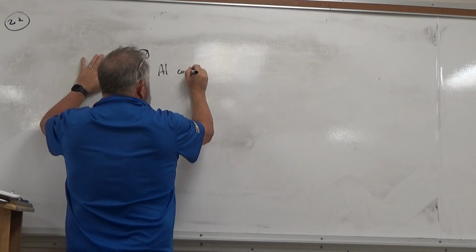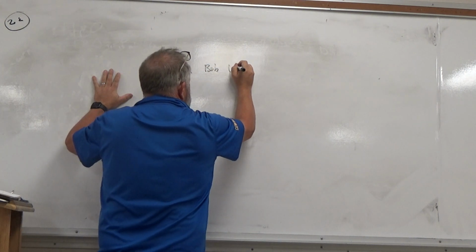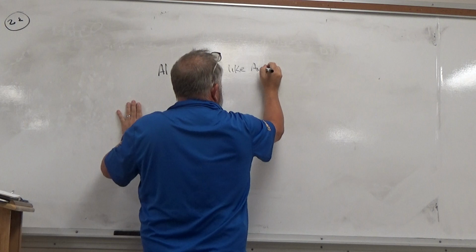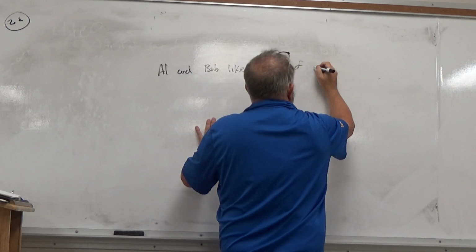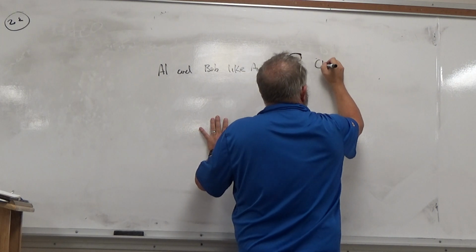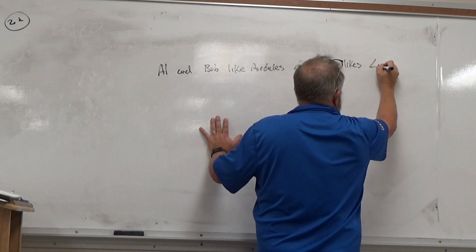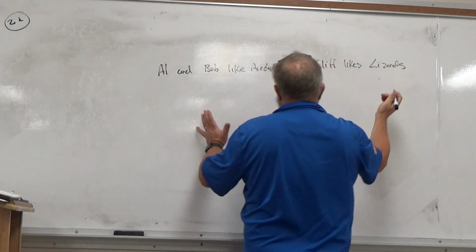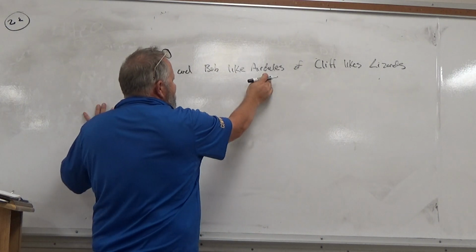Al and Bob like Airedales, or Cliff likes lizards. Okay, whatever. Okay. So Al and Bob like Airedales.